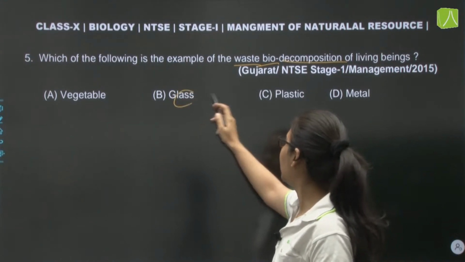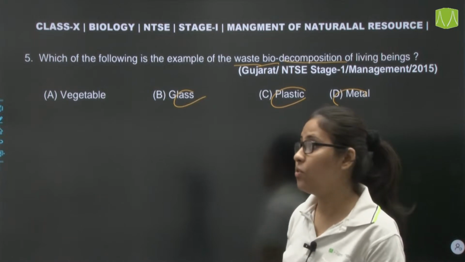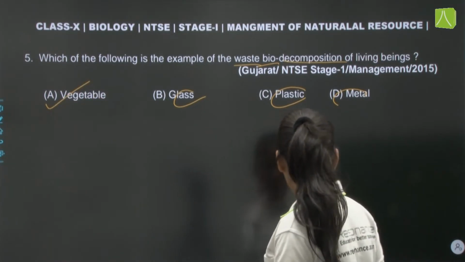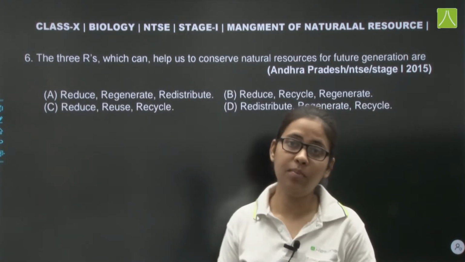Glass, plastic, metal, these are non-biodegradable substances. So the correct answer over here is A, that is the vegetable, which is the kitchen waste and hence can be easily degraded by the living organisms.